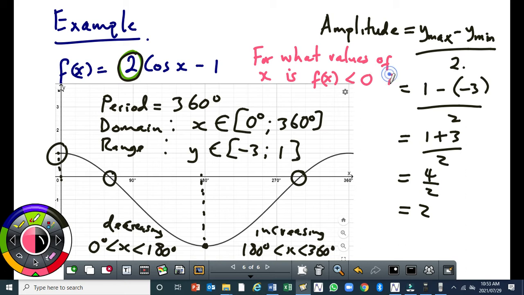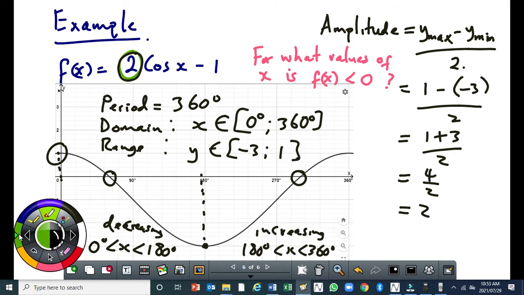Remember, I think I've told you this in the past: this f of x here is the same as y. Most learners have an issue understanding that concept. f of x is y.